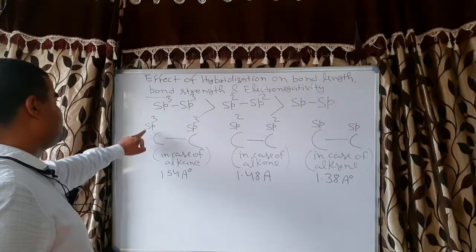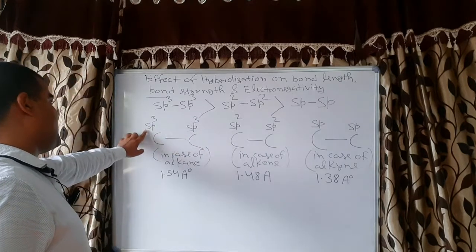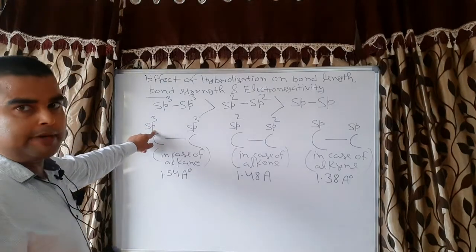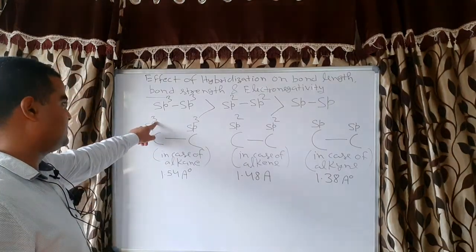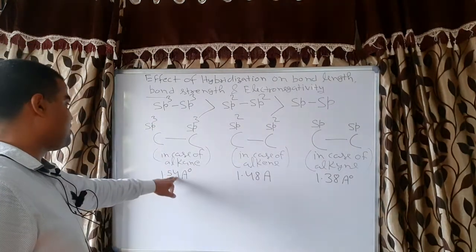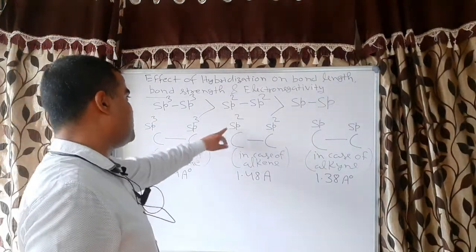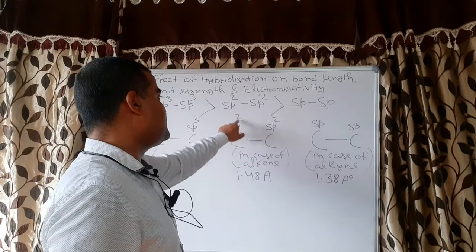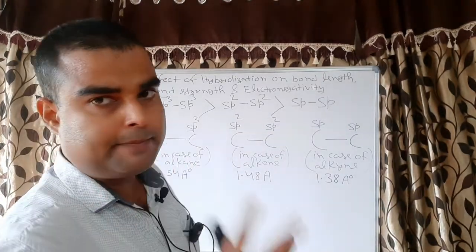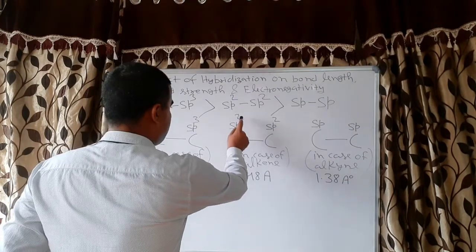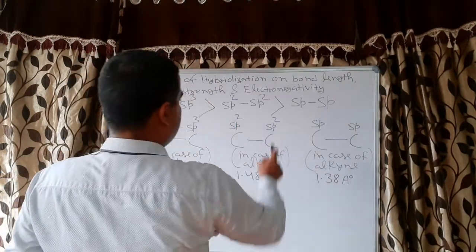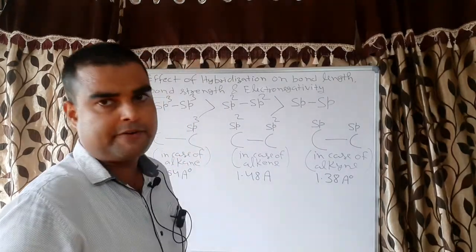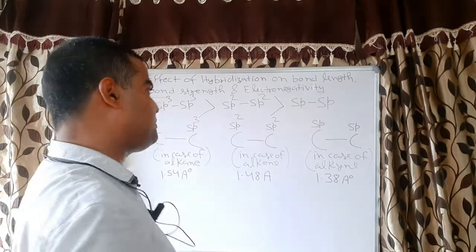Now see, this is sp3, sp3. S is only a single orbital, so it is single orbital. P can be maximum 3, so it is 3. Correct? So this bond length will remain the same. Now come to here. Here 1 is s orbital, yes, okay, but here 2 is p orbital, but there can be 3 p orbitals. It means there is one unhybridized p orbital. Correct? In the same case here also one unhybridized p orbital, and the unhybridized p orbital takes part in pi bond formation.